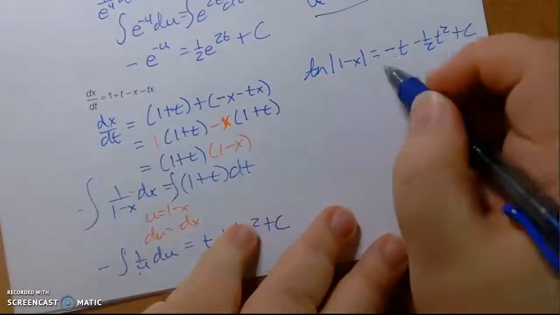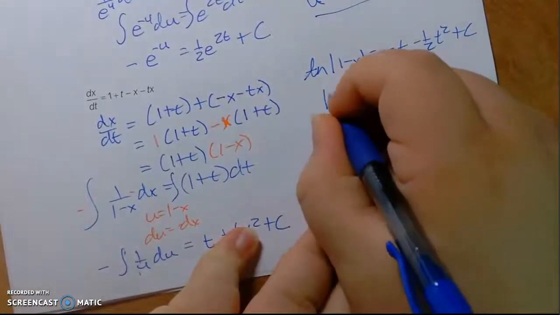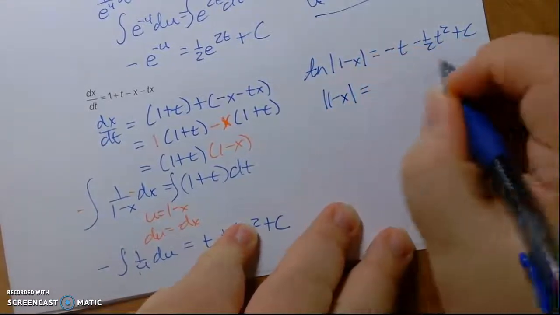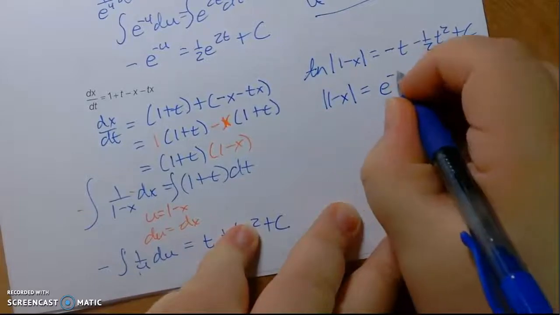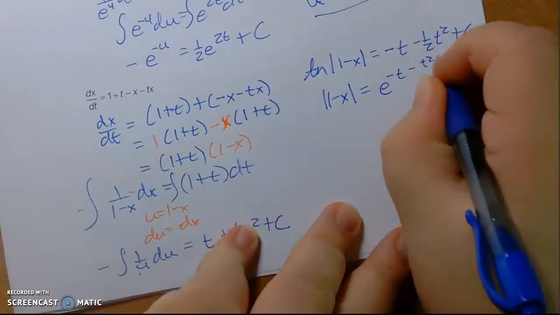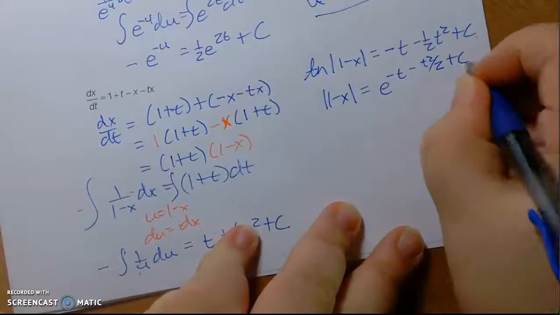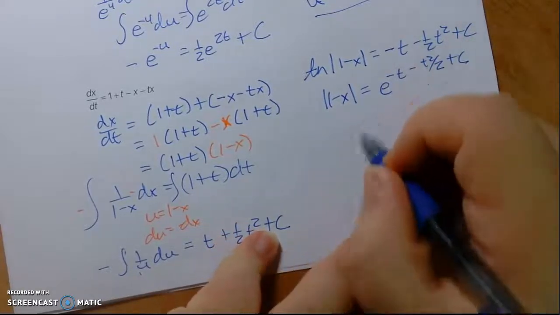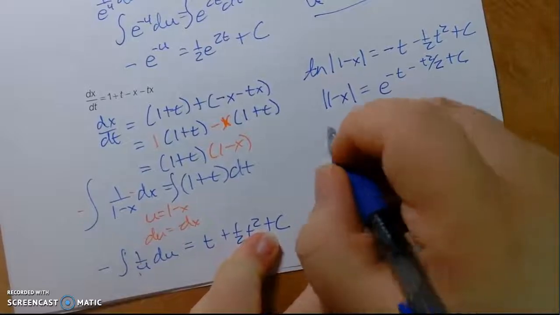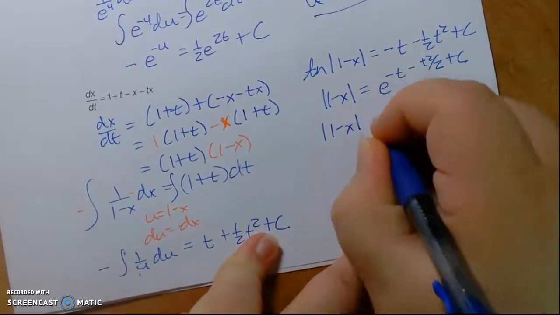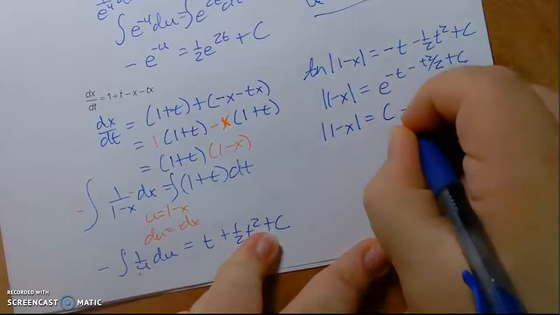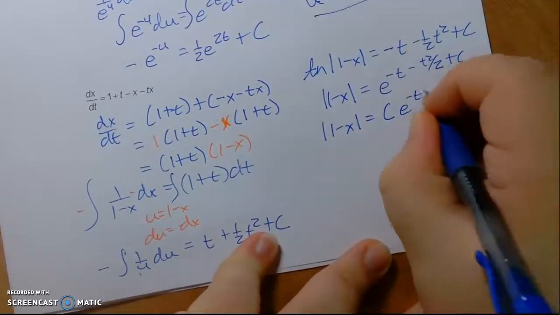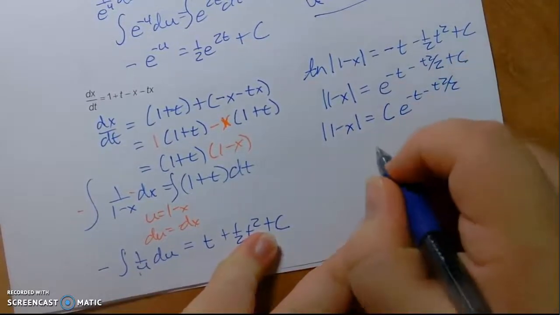We're going to do the e thing. So we have 1 minus x on the left, e to the negative t minus t squared over 2 plus c. Well, that e to the plus c at the end here, remember that brings a constant in front. So we have 1 minus x equals c e to the negative t minus t squared over 2.